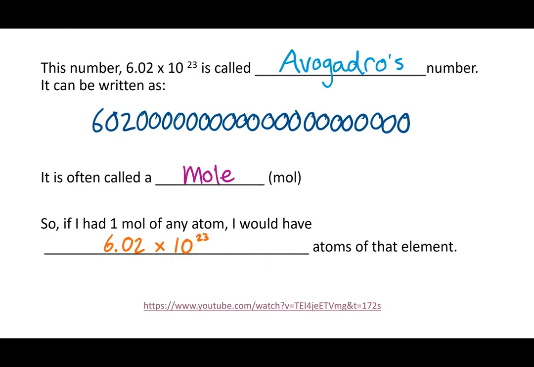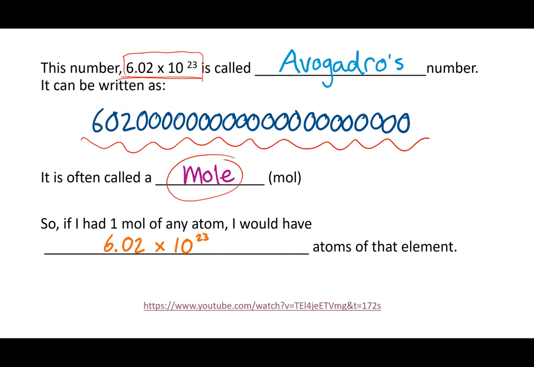So this number, first of all, 6.02 times 10 to the 23rd, is called Avogadro's number. And it can be written like this if you really want to, but I'd prefer you use the scientific notation for this, which is 6.02 times 10 to the 23rd. It's often called a mole, abbreviated MOL, right? It's really helpful to take off that E at the end.